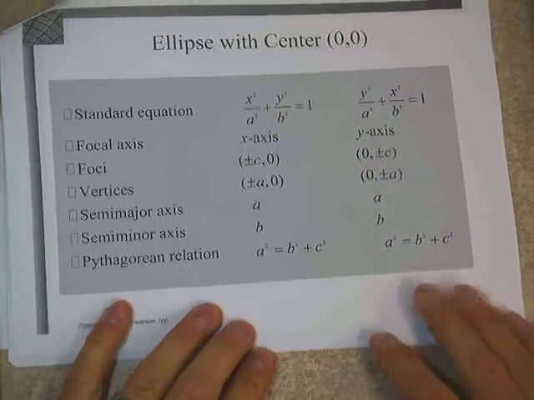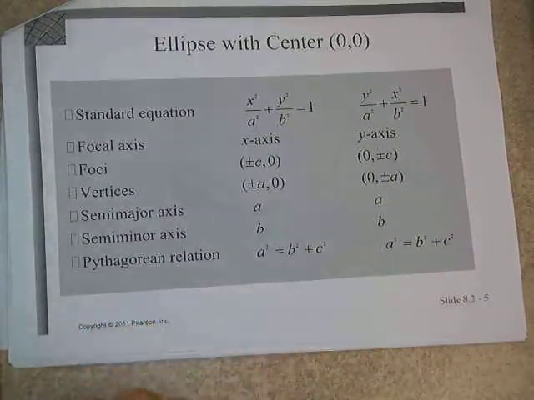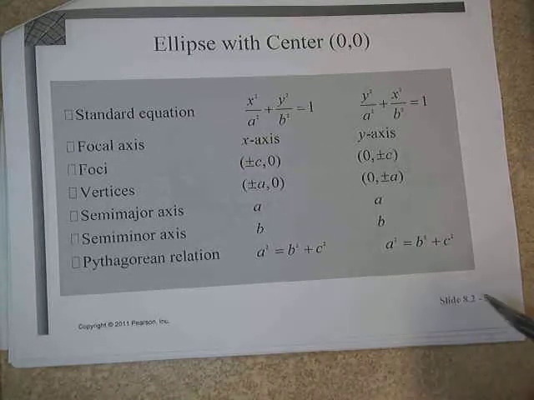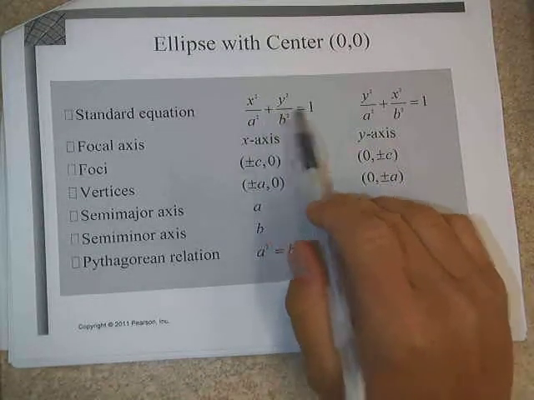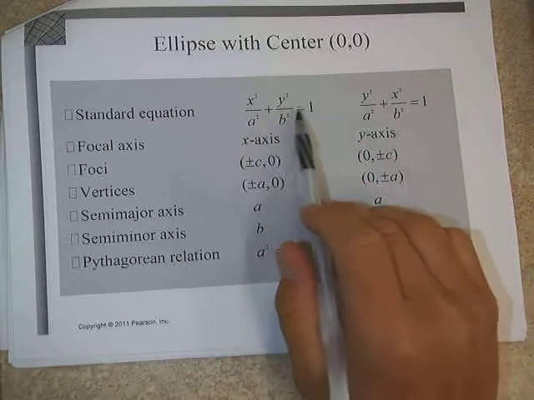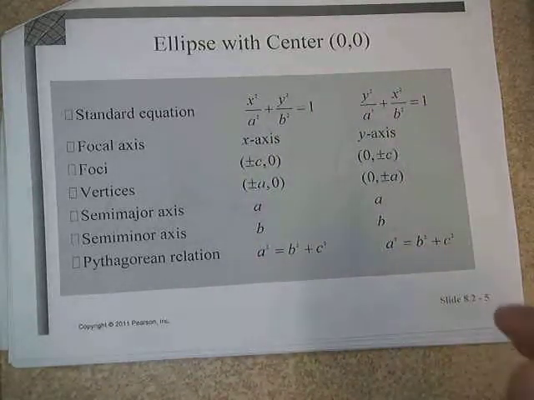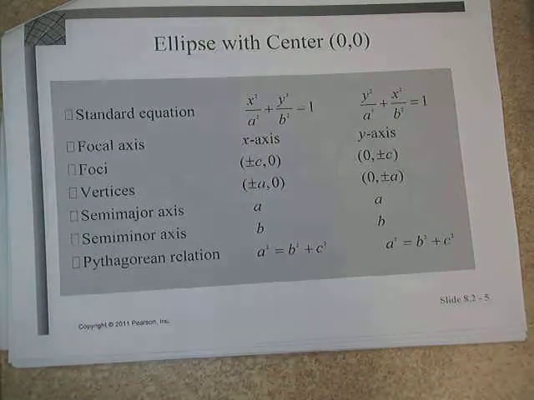Let's take a look at the key information dealing with equations for an ellipse. We have two different types, one of this form, the other of this form.